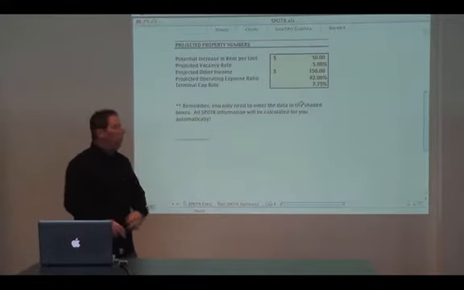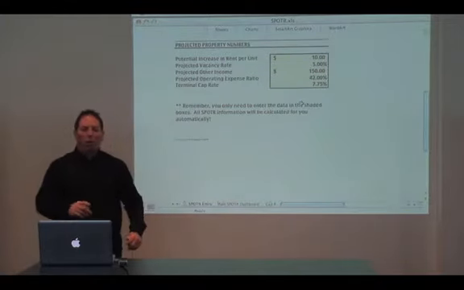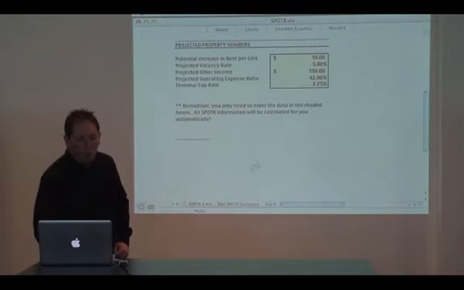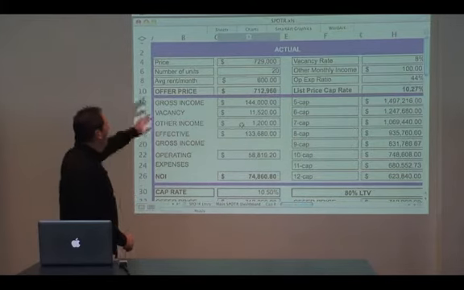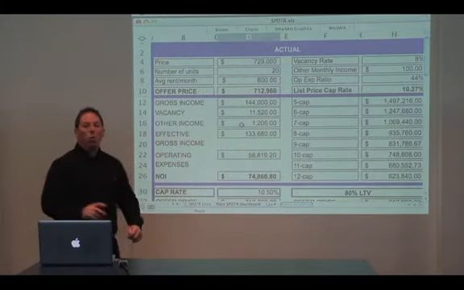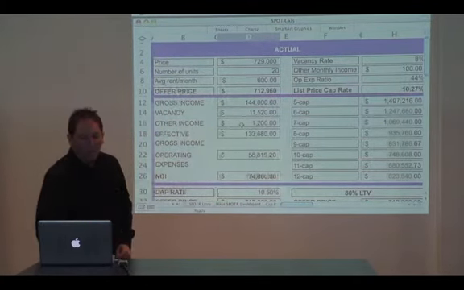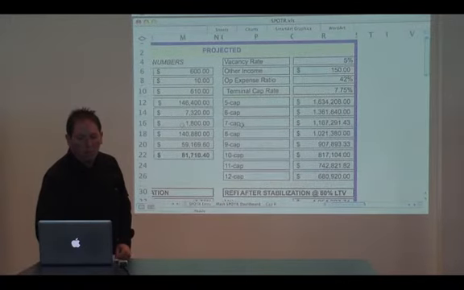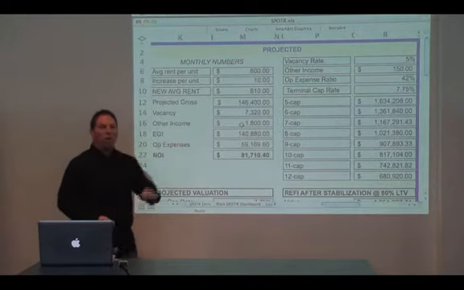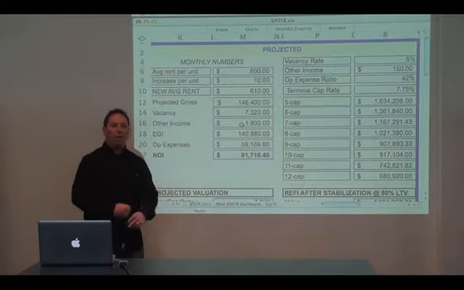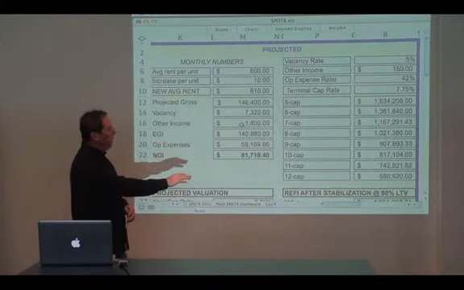Now, when you enter this information, if you want to do that, you go back to the main Spotter dashboard. Remember where we saw the actual numbers right here? Well, on the right side of this spreadsheet, there is a projected. So actual on the left side, and then on the right side, a projected.